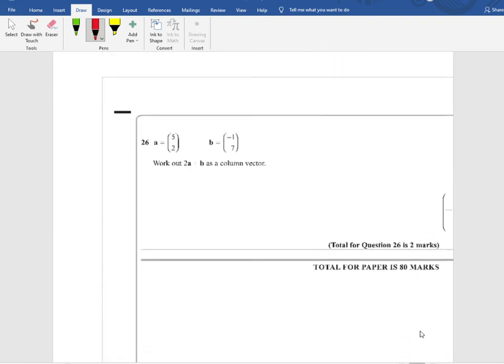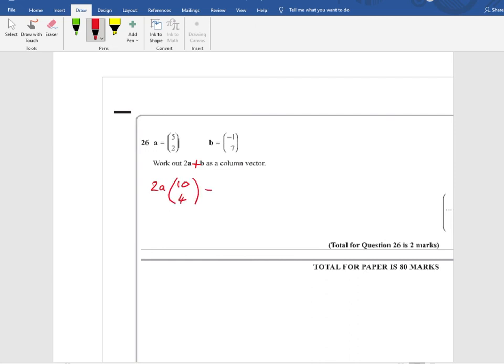Right. Work out 2a plus b as a column vector. So a is 5 over 2. So 2a is going to be 10, 4.